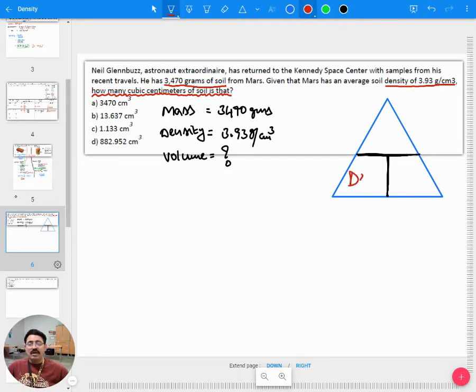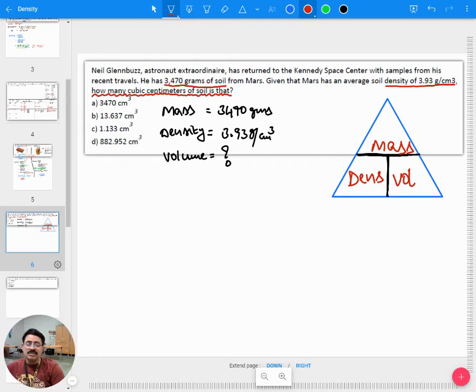You know that density equals mass per volume, right? So again, a quick reminder: in case you are asked to find mass, you may use a thumb and just close it.